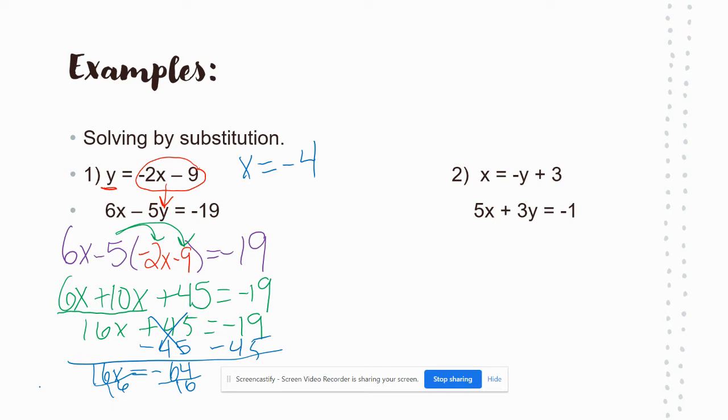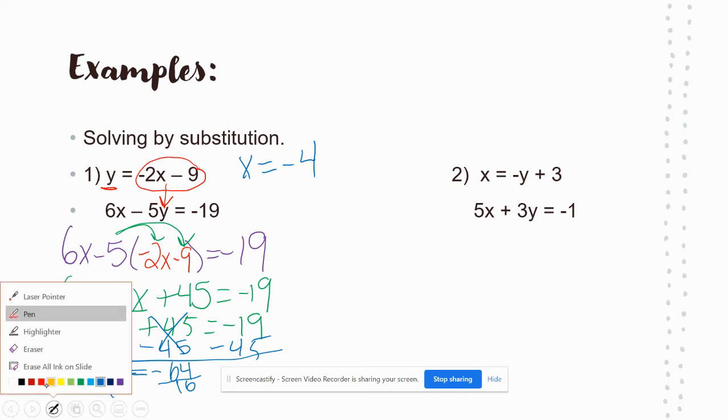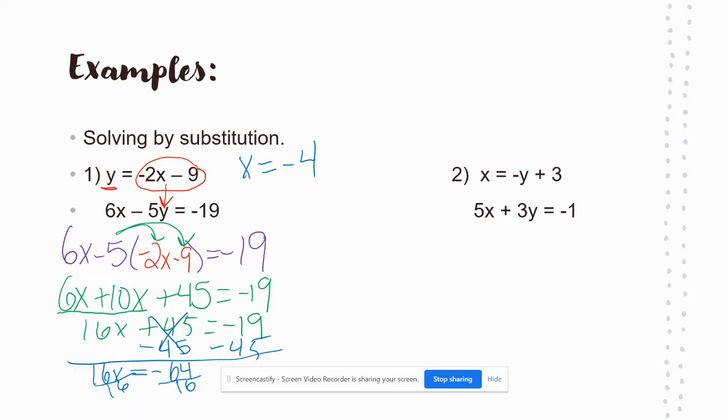Now that we know x is equal to negative 4, we can go back to one of our original two equations to plug negative 4 in for x. So we can plug it in here, or we can plug it in here. I'm going to choose to plug it into the top equation. So we have negative 2 times negative 4 minus 9.